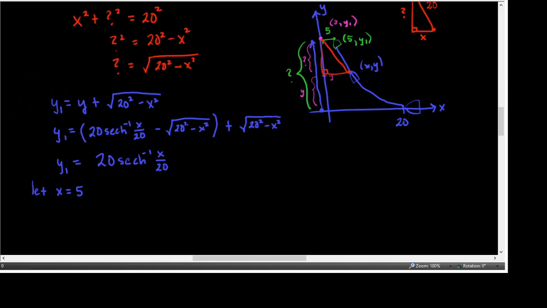Maybe it's red. Anyway, at that dot up there at the top on the y-axis, that y-intercept. Okay, so we want to find out what y sub 1 is when x is 5. So, by substitution, this y sub 1 will be 20 inverse hyperbolic secant of 5 over 20.